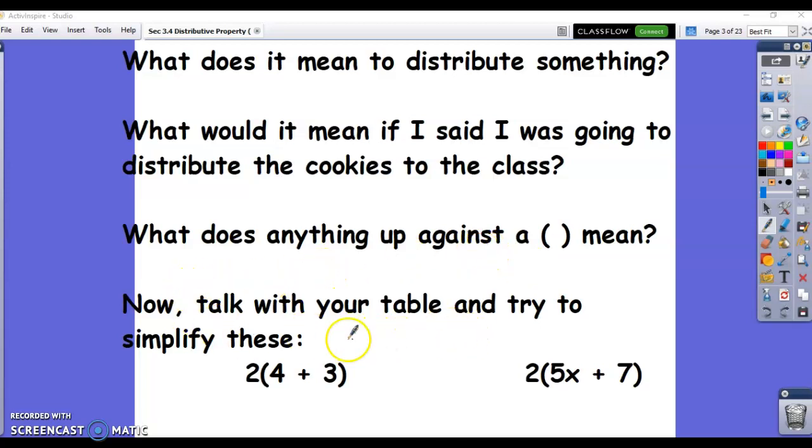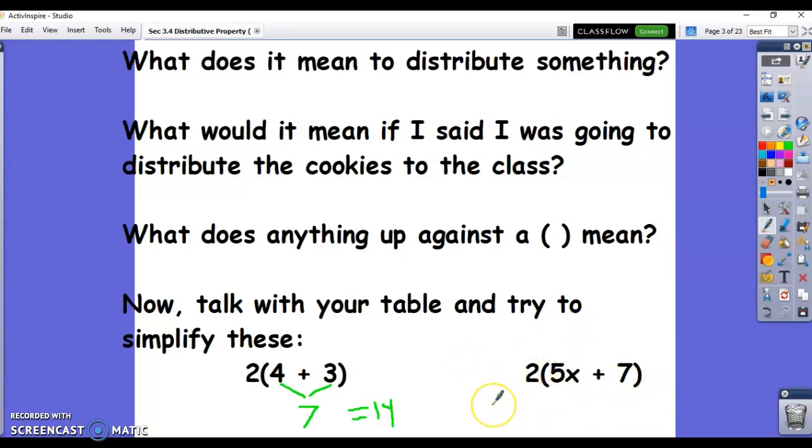And then with this table, to simplify these terms here, it's pretty simple to see that we can just take 4 plus 3, and if we add those together, we get the number 7. And then if we have 2 times what's in those, we know that 2 times 7 equals 14. We can figure out the answer. Today, though, we're going to show you a different way to figure this out.